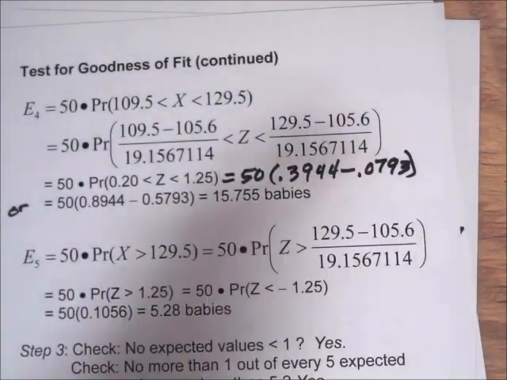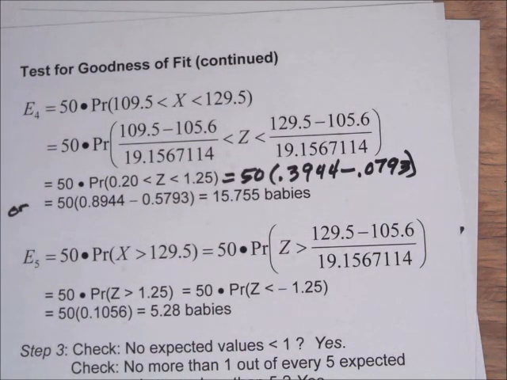So if you use the one-page z-table, you would look up and subtract those two numbers: 0.3944 minus 0.0793, times 50, equals 15.755 babies.